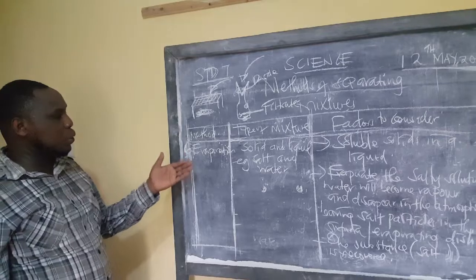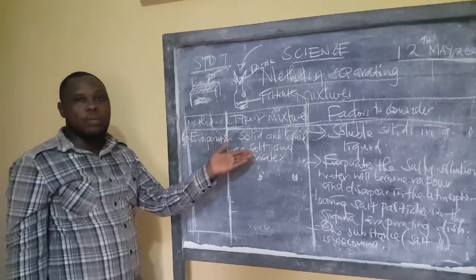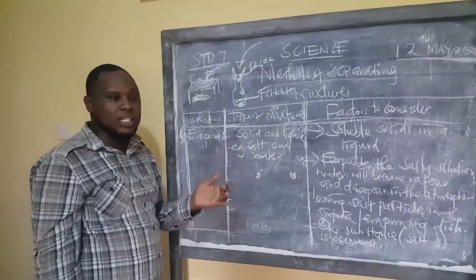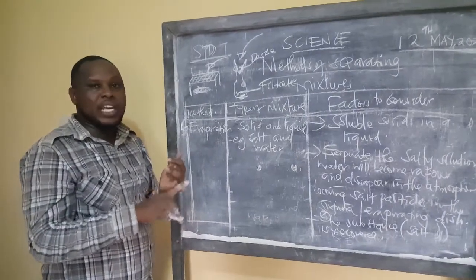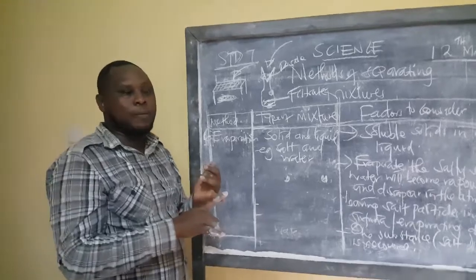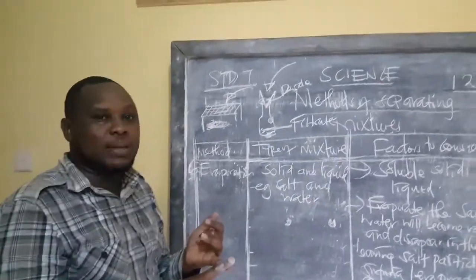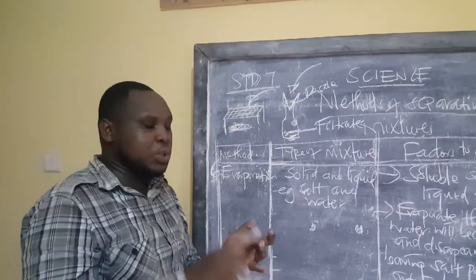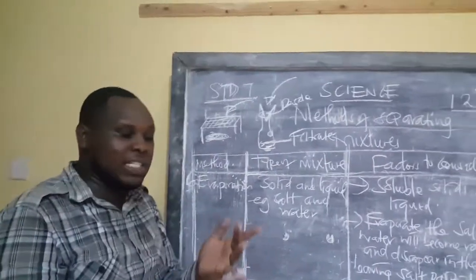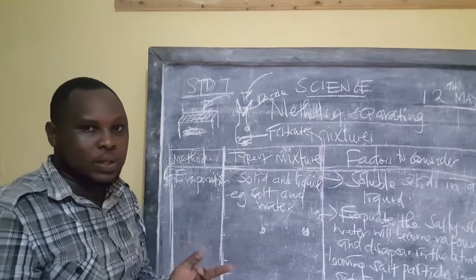So now we have gone through various types of methods that we use to separate mixtures. We have seen picking as a method of separating mixtures, where we look at the type of mixture, which is supposed to be a solid mixture. Like for example, we have maize and beans, and so here we consider the size of the materials and the color of the materials.